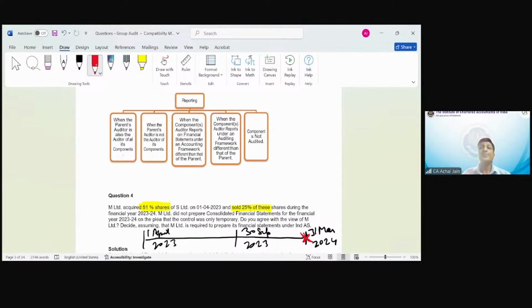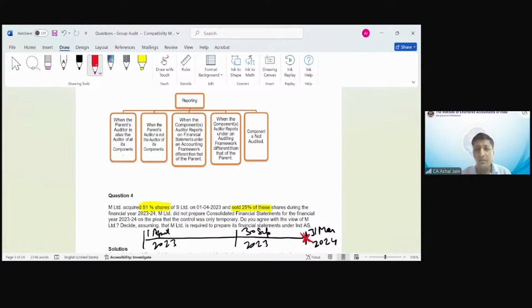Okay, so now, when it comes to such a situation wherein the control is temporary, again, as an auditor, what do you need to check? Ind AS. This entire discussion on audit will come down to the accounting standards broadly. Why? Because as an auditor, what do you check?